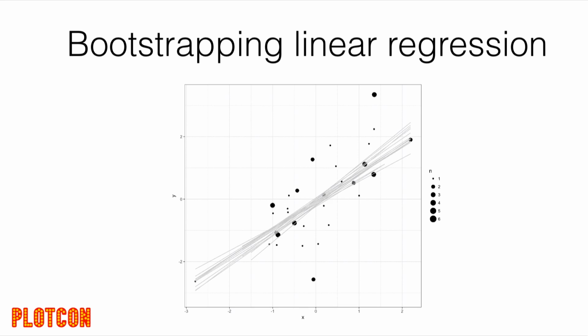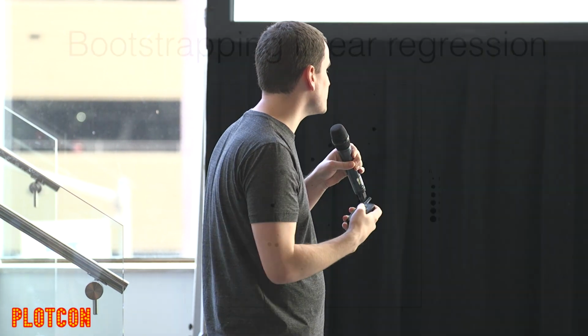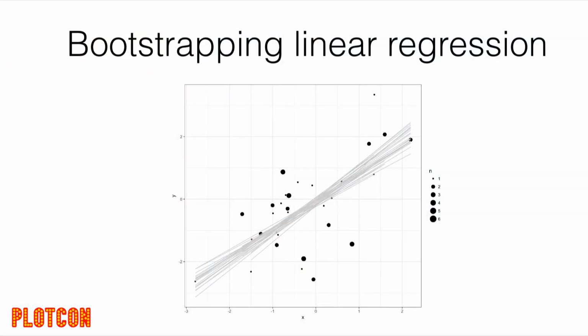And some others will be oversampled. Some will appear 3, 4, 5 times, and each of those times it'll change where that line gets placed. And by doing this many times, you get to show how bootstrapping works in terms of creating a linear relationship for each, build them all together into a confidence interval, a measure of uncertainty.